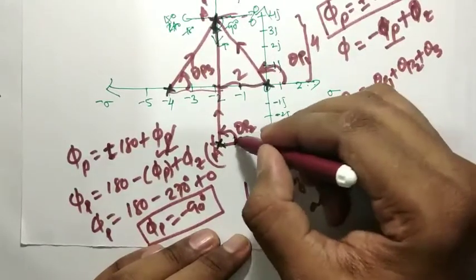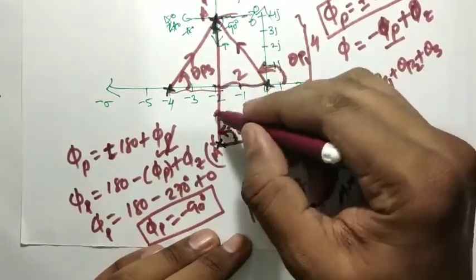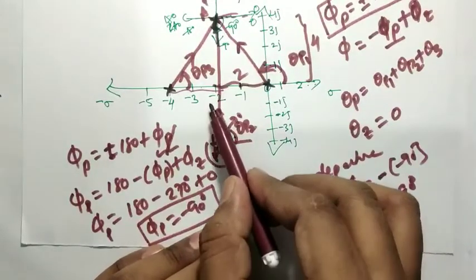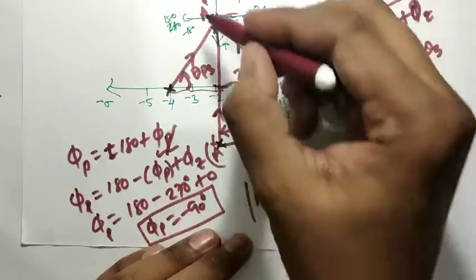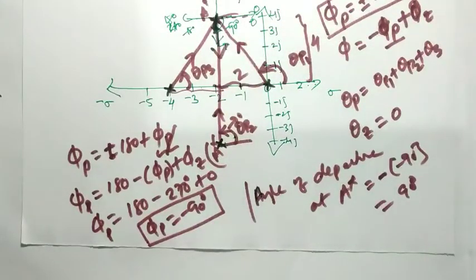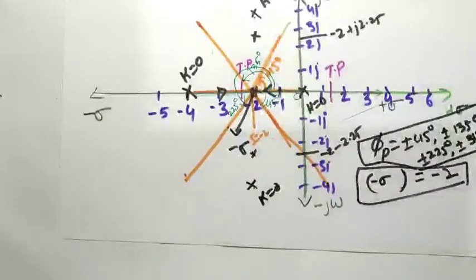So it means it is moving at an angle of 90 degrees in this direction. So this is departing at an angle of 90 degrees in this direction. This is coming in this direction. So you take the main diagram. If you take this diagram, how are these poles moving? These poles are moving, so you have found it.